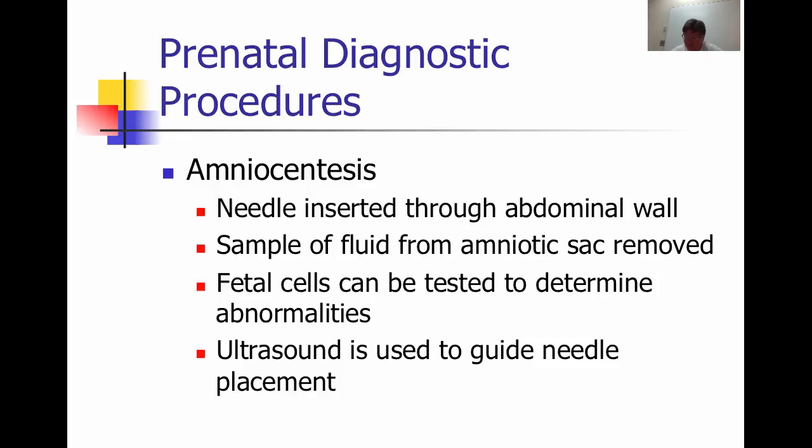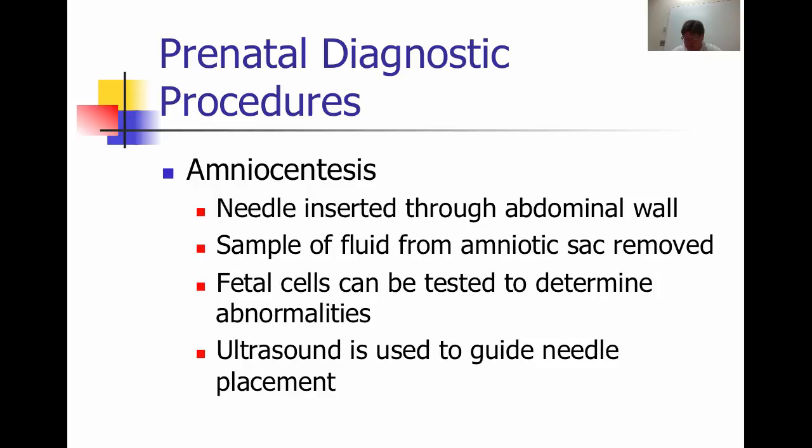Although amniocentesis is believed to present minimal risk to the mother and fetus, the needle has been known to damage the fetus on occasion. In addition, amniocentesis has caused miscarriages in approximately 1 in 200 pregnancies.